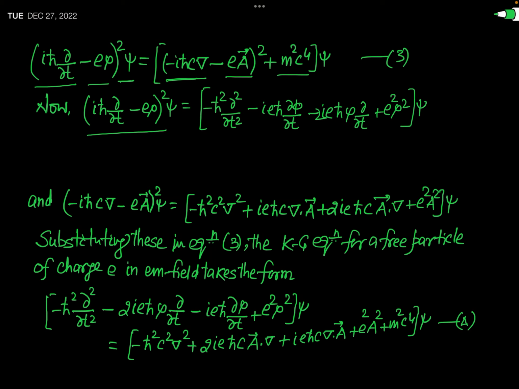When you want to find the square of an operator, you simply operate (iħ ∂/∂t − eφ) on (iħ ∂/∂t − eφ).